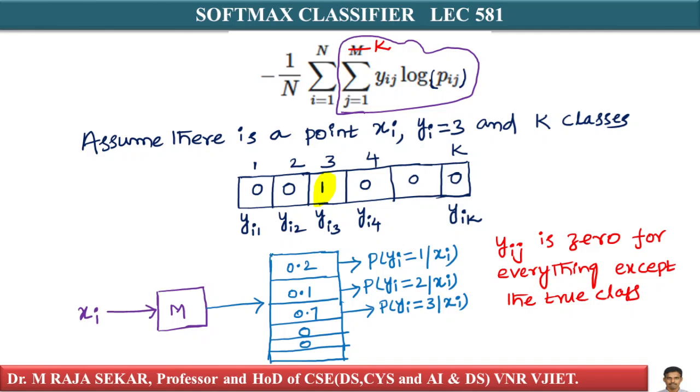The probability it belongs to class 3 is 0.7. Just see this probability P of yi equal to 3.